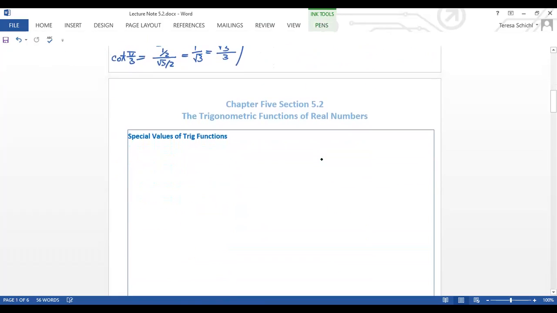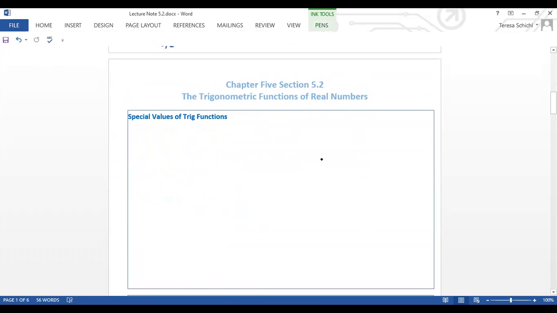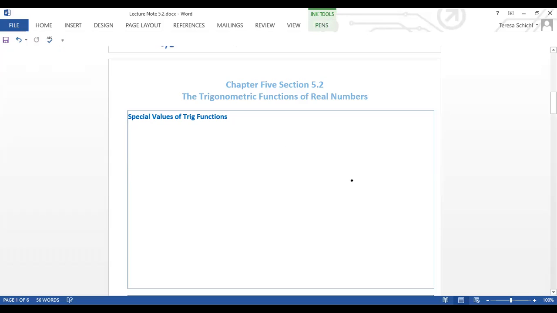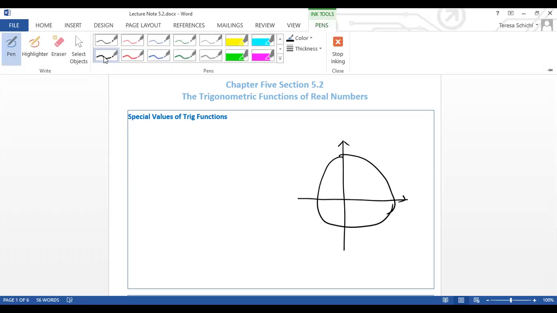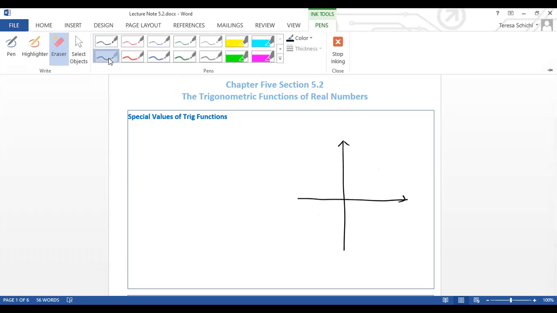We used some special values of the trig functions. If you want to remember it, like we talked about in the previous video, this is the unit circle. It doesn't look like a unit circle, but it's kind of a little flat. Let me try to redo it.